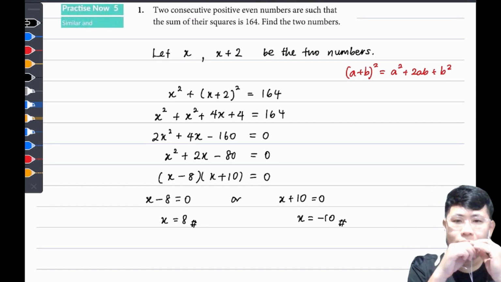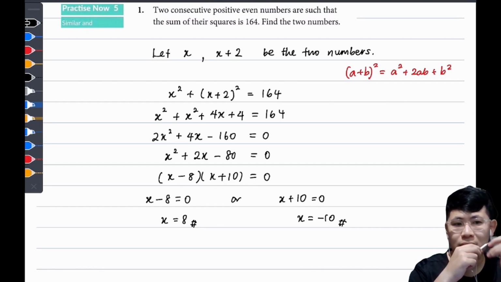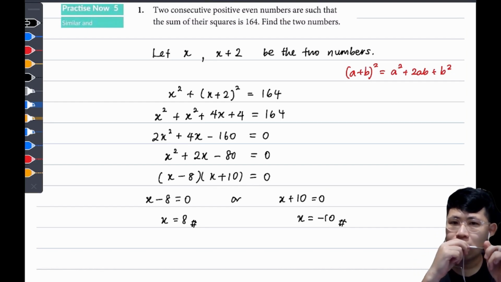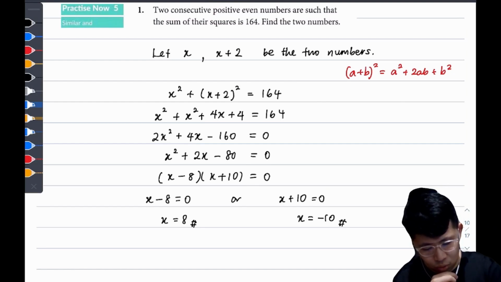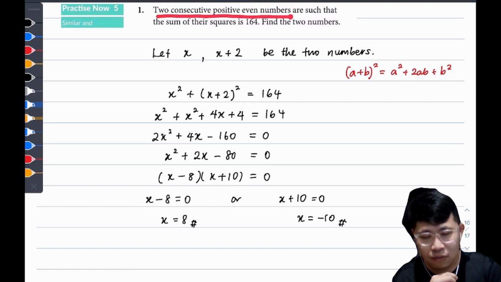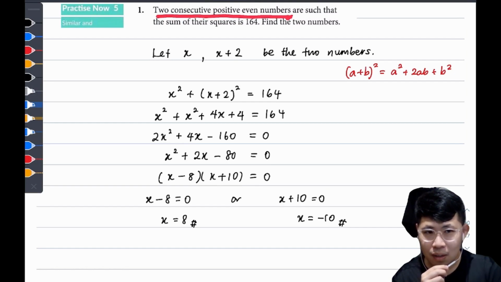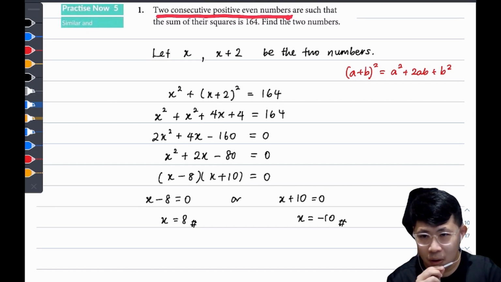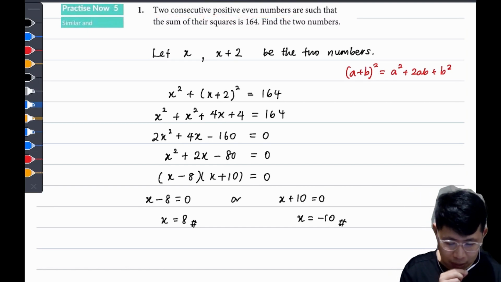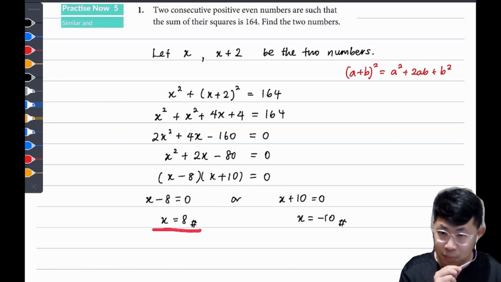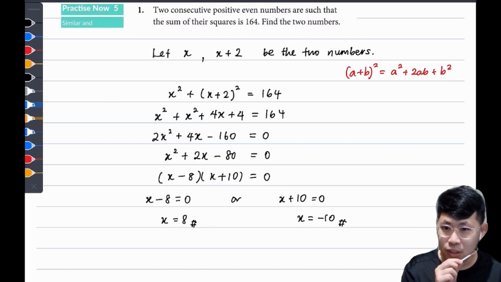Now we need to read the question again. Are all our solutions the answer to this particular question? We check. Two consecutive positive even numbers. The numbers must be positive even numbers. When we have positive even numbers, this solution, 8, is correct.